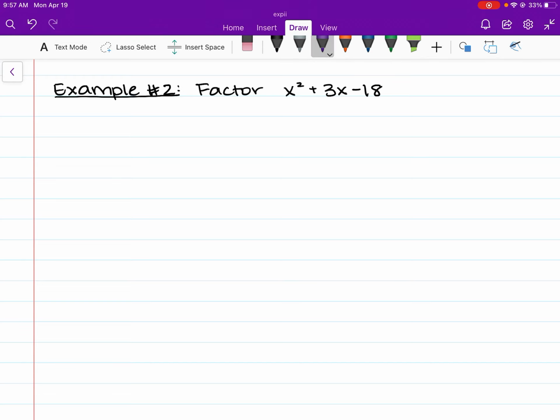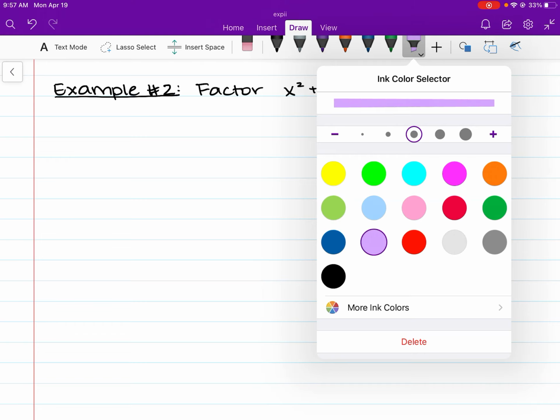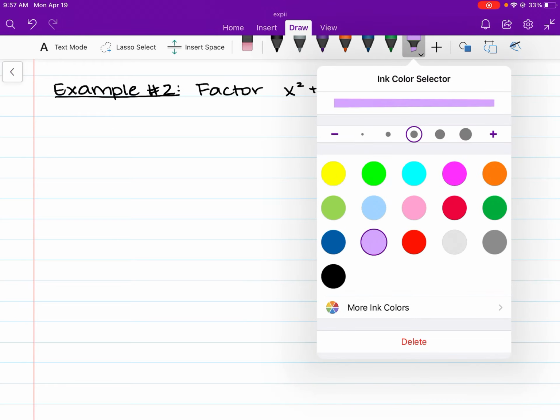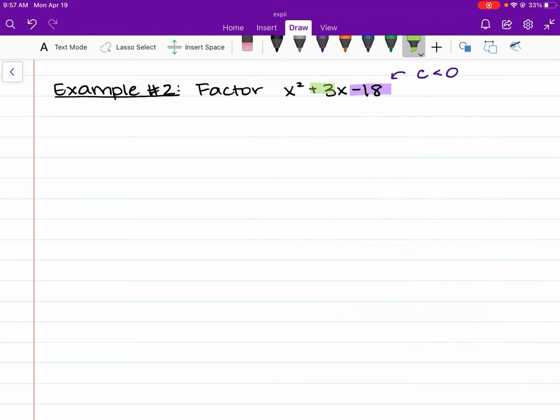So again, here we're seeing, I'm going to highlight it for you, a negative c value, but different from the previous example, we are seeing a positive b value. B is greater than 0.